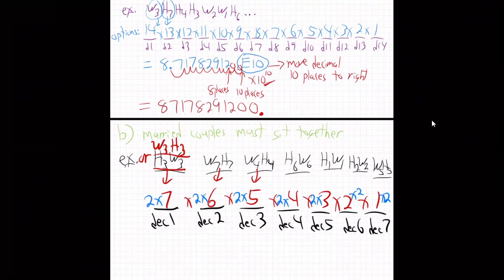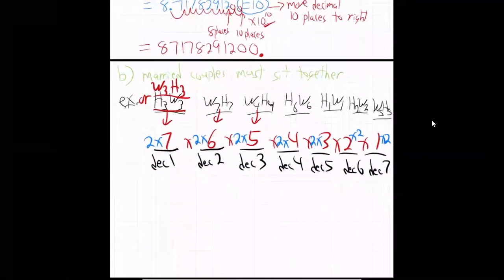So when the couples must sit together, you have 7 options for which couple comes first, then 6, then 5, etc. But for each couple, you've got 2 options how to sit them. Wife first, then husband, or vice versa. All right, so that's it. Multiply all that stuff together. You can do it in any order. It doesn't matter. Just multiply it all together.